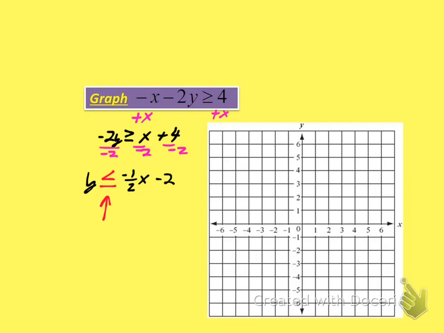Where you're going to go wrong is your shading. Because that inequality sign is going to determine whether you shade up or down, left or right, whatever the line goes. So you'll still be able to graph the line correctly, assuming you do that part right. Your shading is what will be backwards. So you got to be careful with this. I got a trick for that too, and I'll show you guys in a second.